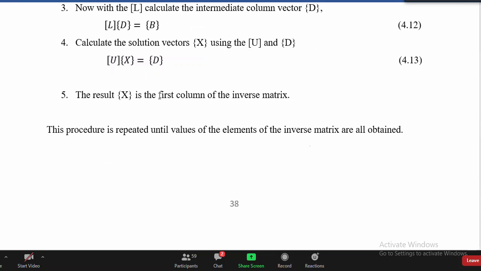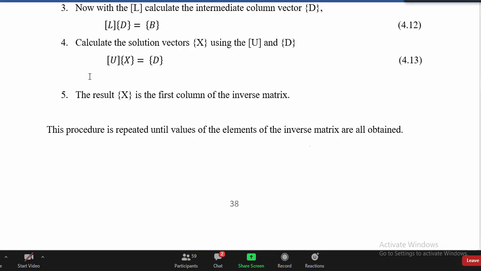This x will be the first column of the inverse matrix. Immediately you do this operation, you have the first column of the matrix inverse.